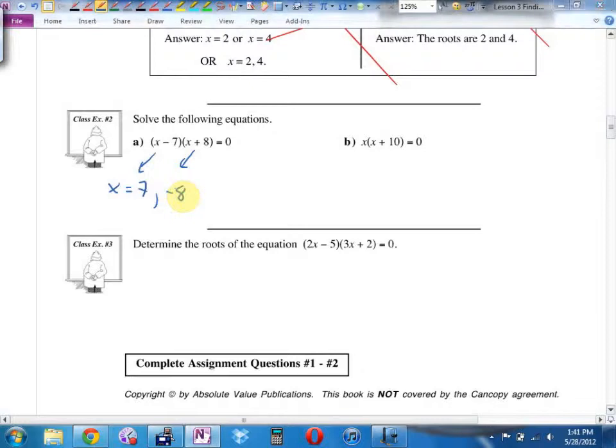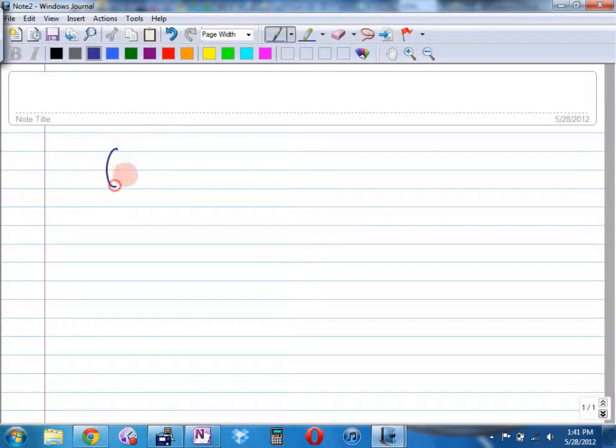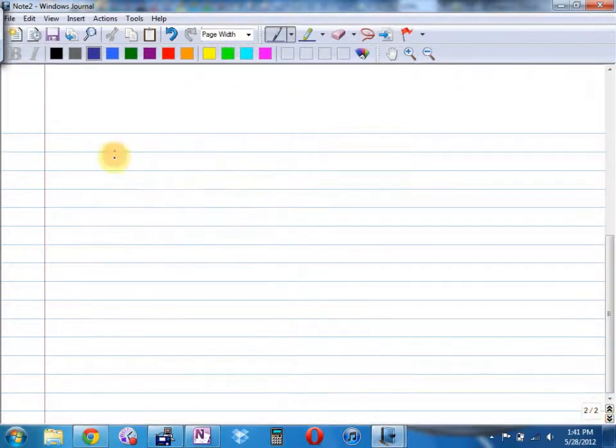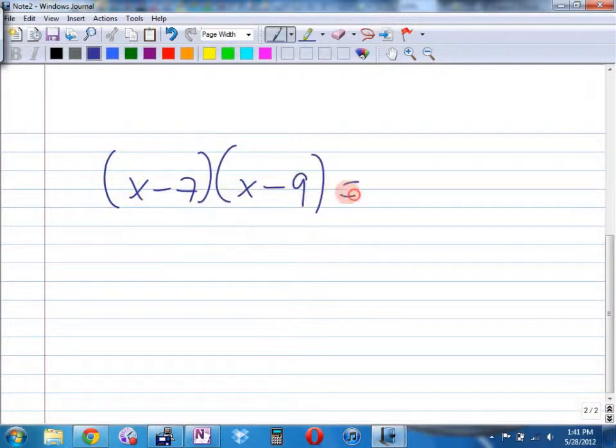Don't write this down, just watch. What are the roots? What are the roots?